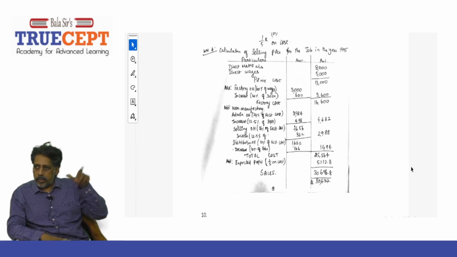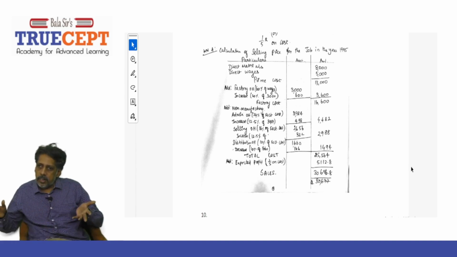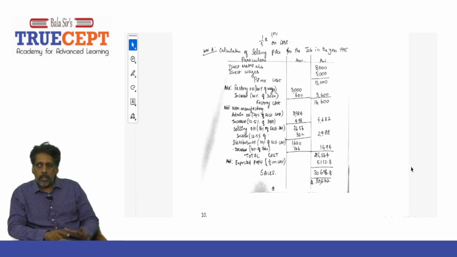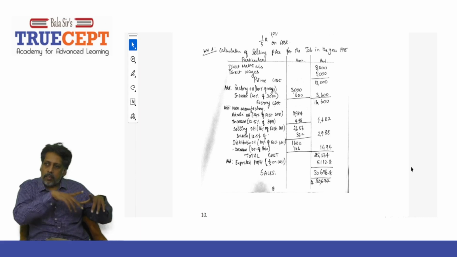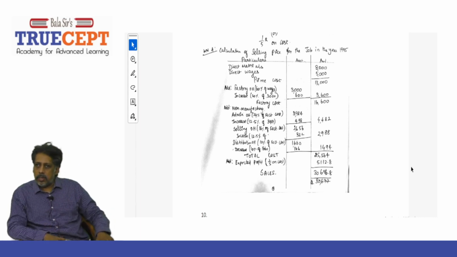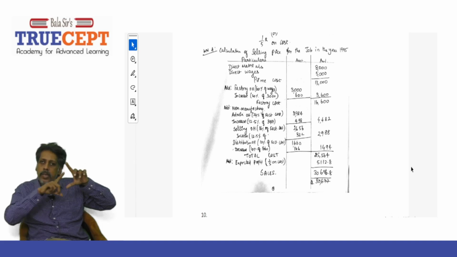They got 60% right in working note 2. To that they'll add 60 plus 20, they'll take 80%. That is wrong because it's given that the rate of factory overheads has gone up by 20%. Got it? Yes.